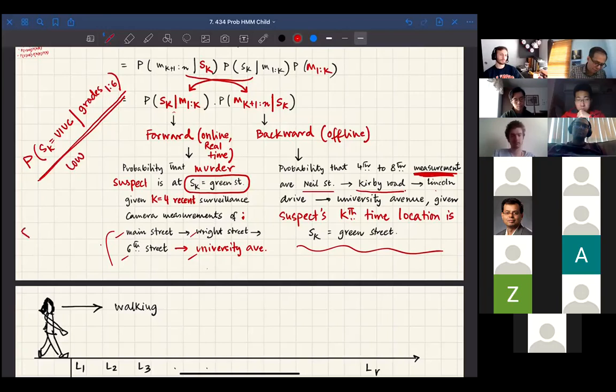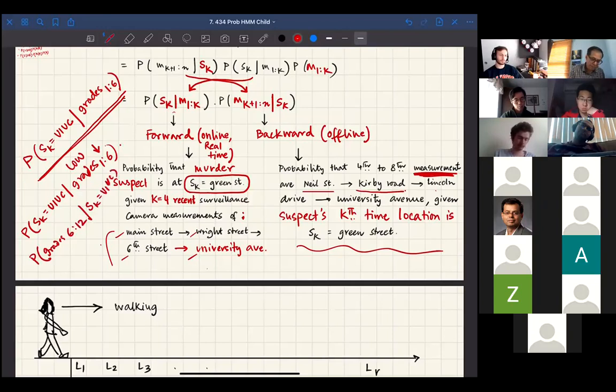But now if I told you P of S_K equals UIUC given grades 1 to 6, and grades 1 to 6 are not too good, times probability of grades 6th to 12th given S_K equals UIUC, and this grade 6 to 12 is stellar. Then you can say, oh man, whatever this low value is over here, it gets compensated by this high value. Then you say, no, it's very much possible he came to UIUC.